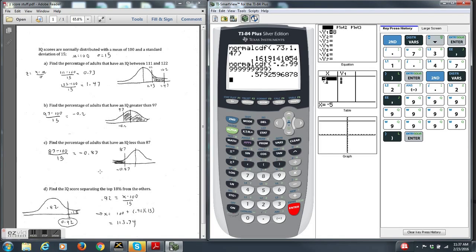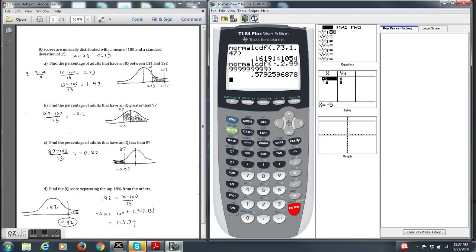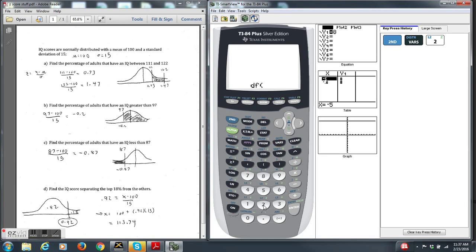Okay, so if you want to do less than, like part C here, it's the same idea, but it's left to right. So instead of going from negative 0.2 off to something big, I'm going from something really negative up to negative 0.87. So, same thing. This is part C. Normal CDF.